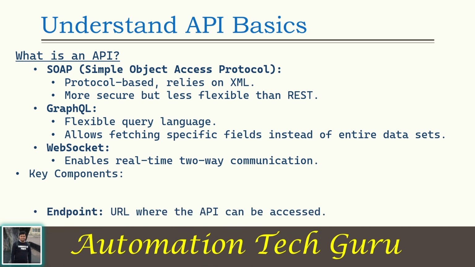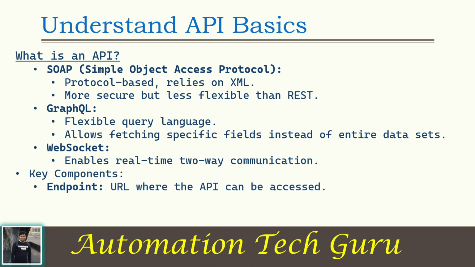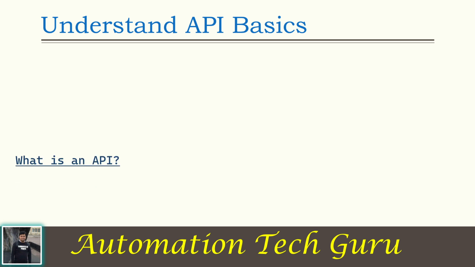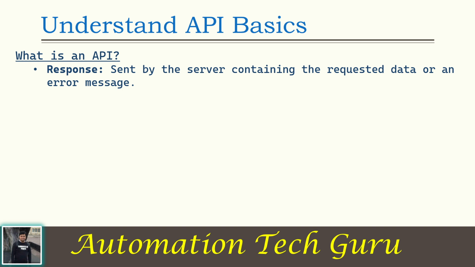Key components. Endpoints. So an endpoint is basically a URL where the API can be accessed. Request is sent by a client to perform actions like retrieving data. Response is sent by the server containing the requested data or an error message. Body, it's a payload for PUT and POST requests.